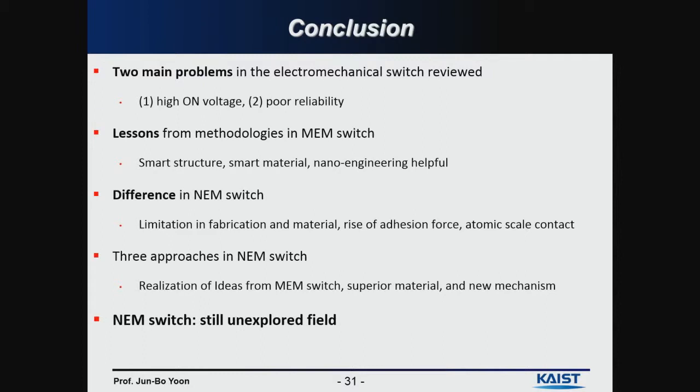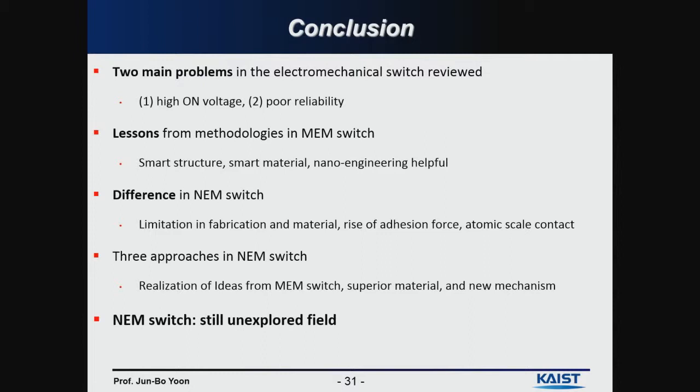So we have looked at the two major problems in the MEM switches, high actuation voltage and poor reliability. And we looked at some methods to address these two problems in the MEM switches. So we got some lessons, and we saw if we can apply the lessons to the NEM switches, and we found out what is the difference between the MEM and the NEM switches.